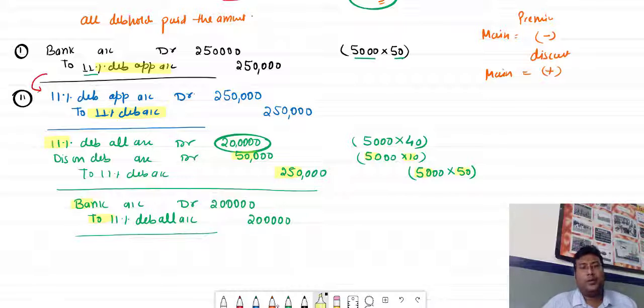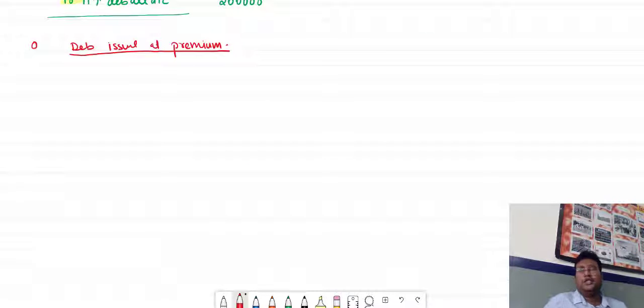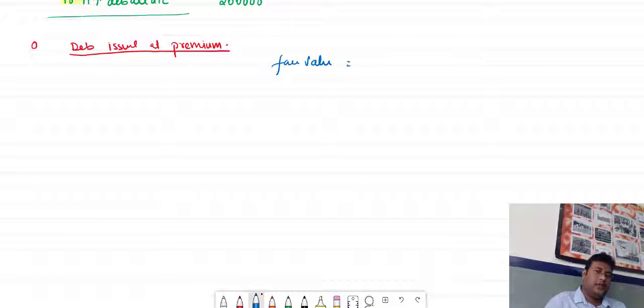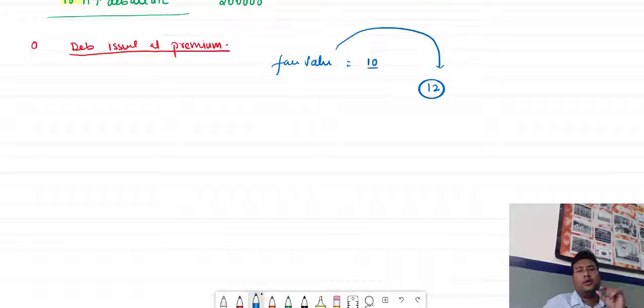So the next topic we will discuss is debenture issued at premium. Now look, what does premium mean? Suppose the debenture face value is 10 rupees. Now these debentures are issued at 12 rupees.